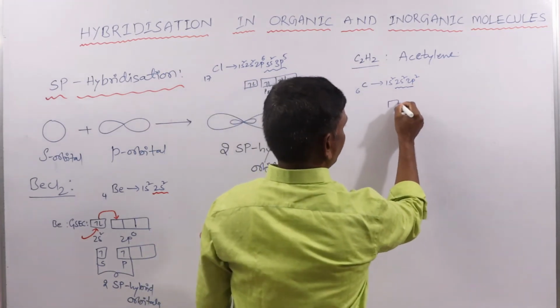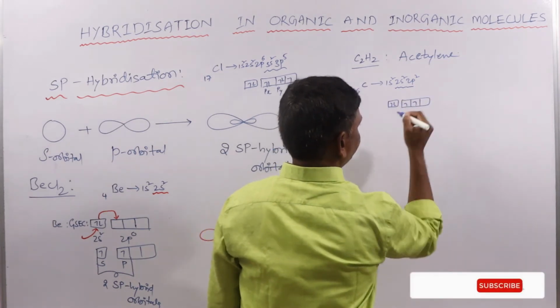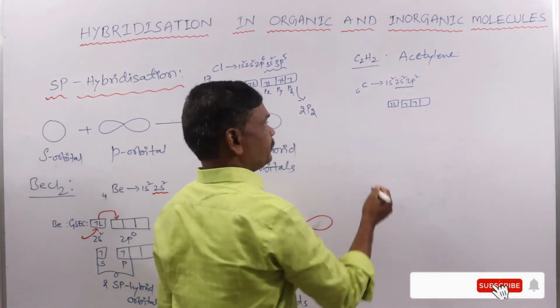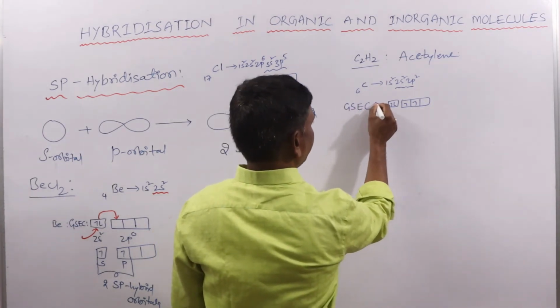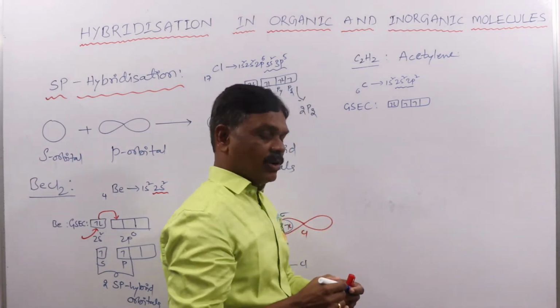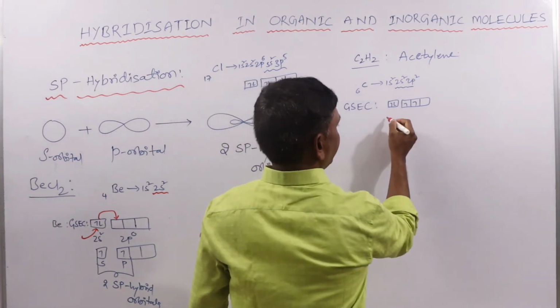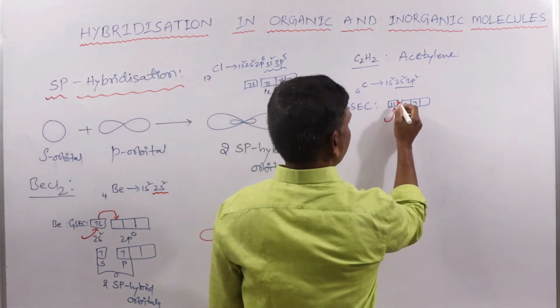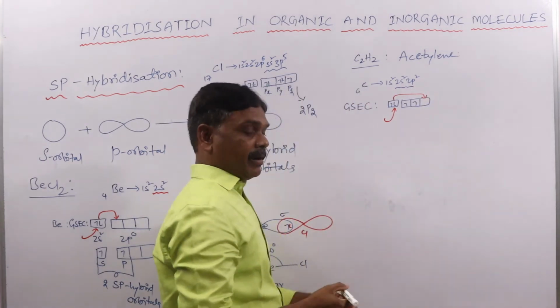So 2s2, 2p2 is known as the ground state electronic configuration. Whenever we give energy, an electron from the s orbital is excited into the p orbital.